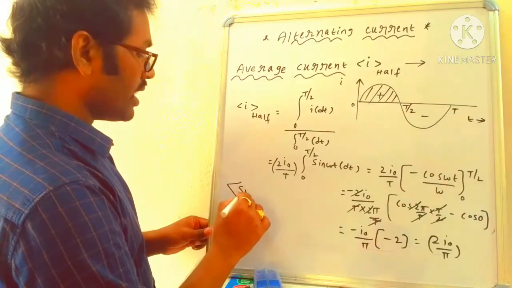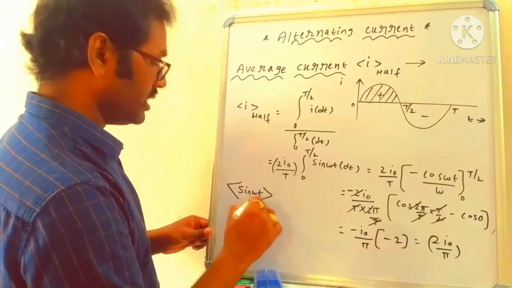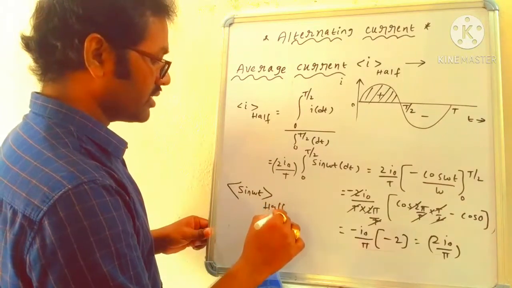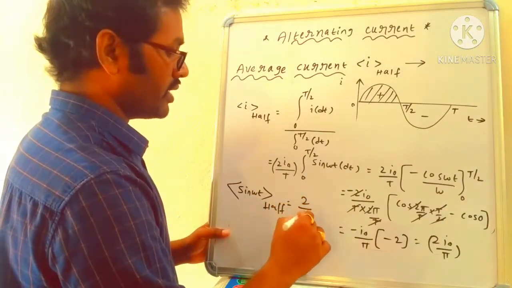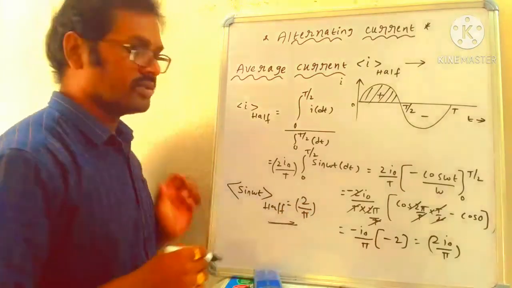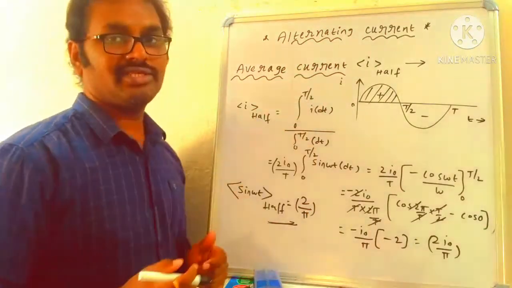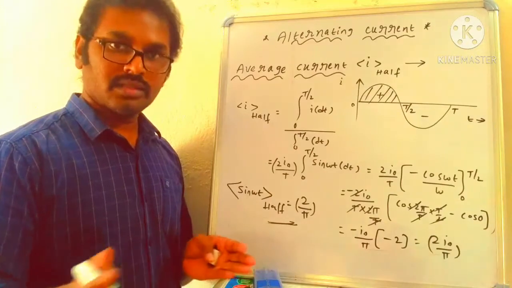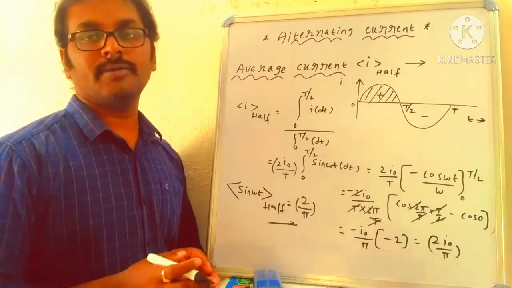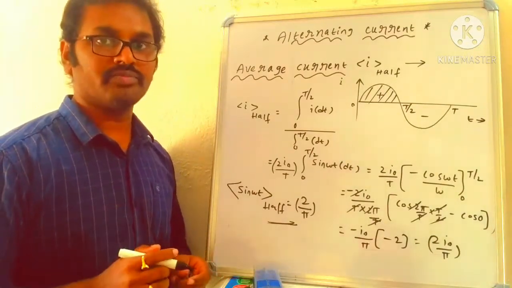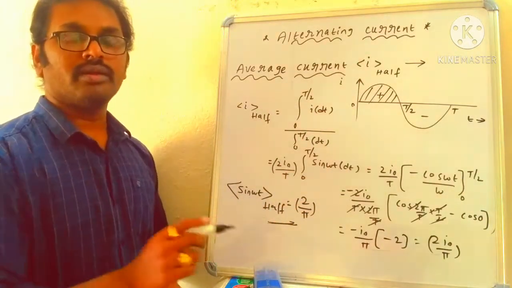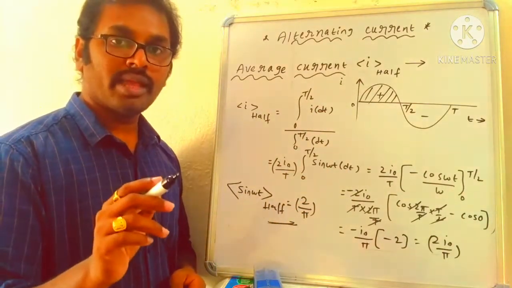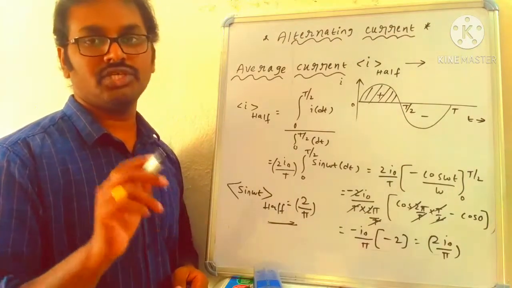The average value of sine omega t for the half cycle, take it as 2 divided by pi. If you remember this one, there is no need to do the integration. It is always a bigger process from the competitive examination point of view. So avoiding all such things, just remember the average value of sine omega t for the complete cycle is 0.